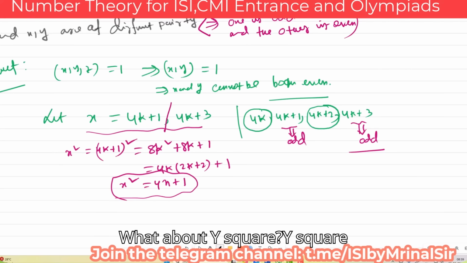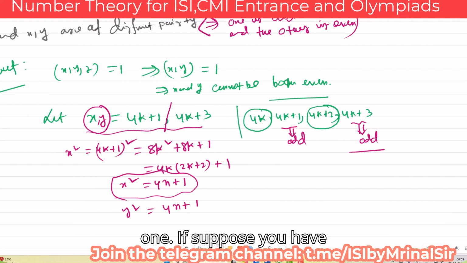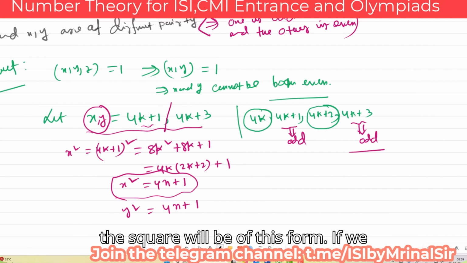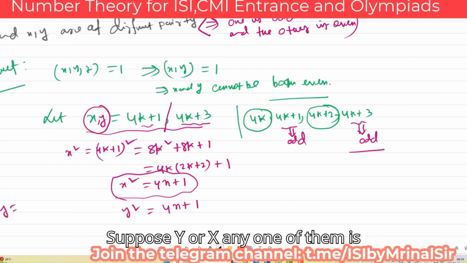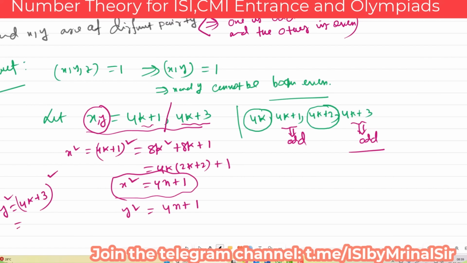What about y square? Y square also you have to assume in the same manner. It may be 4k plus 1 or 4k plus 3. So y square also is going to be of the form 4n plus 1. If you have taken 4k plus 1, then prove this; the square will be of this form. If you have taken 4k plus 3, what is its square? Suppose y or x, any one of them is 4k plus 3. Its square will be 16k square plus 24k plus 9.